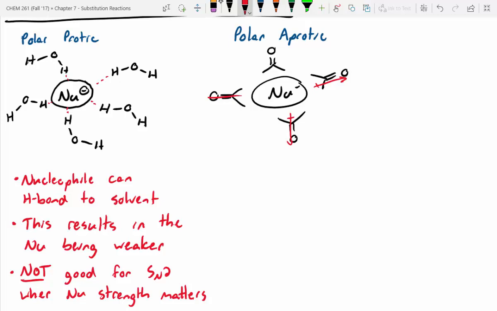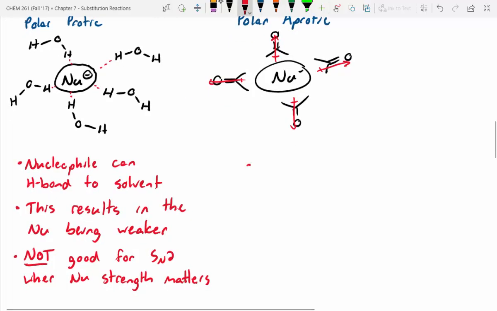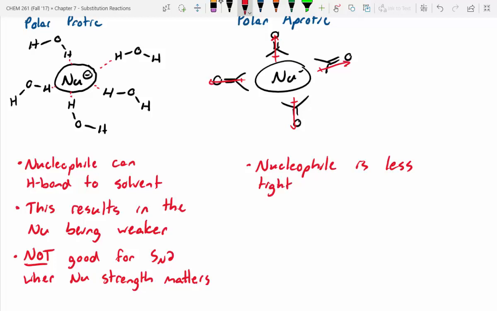So all of these acetone molecules are going to orient them so that that delta positive is closer to that nucleophile side. So it's a weaker interaction, but it is still an interaction where they surround the nucleophile. But let's make some notes. The nucleophile is less tightly held/solvated. That means that this is more nucleophilic.